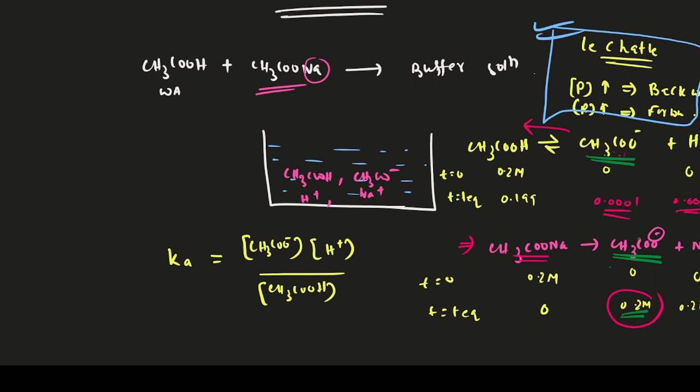This concentration increases, meaning the concentration of product increases. If the concentration of product increases, then the backward shift will occur. So this value will decrease more, and this value becomes nearly equal to 0.2 molar. Okay, so that's why we say this.